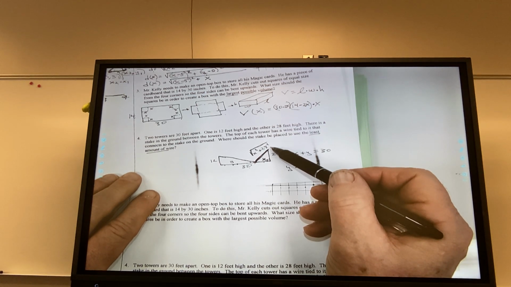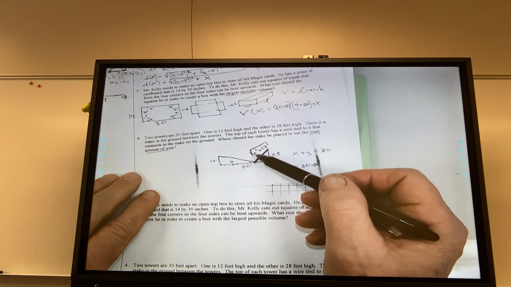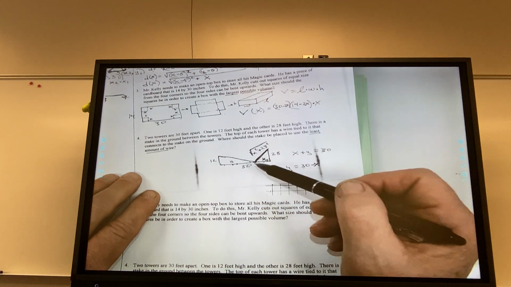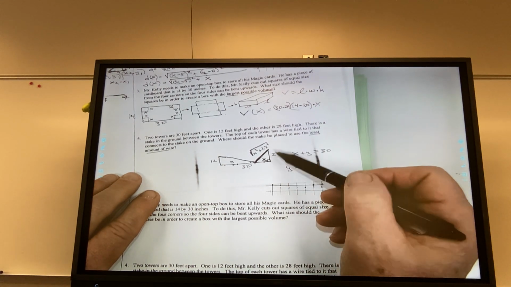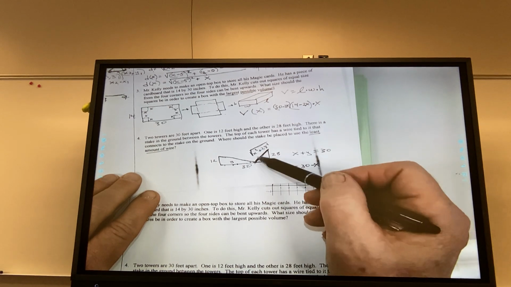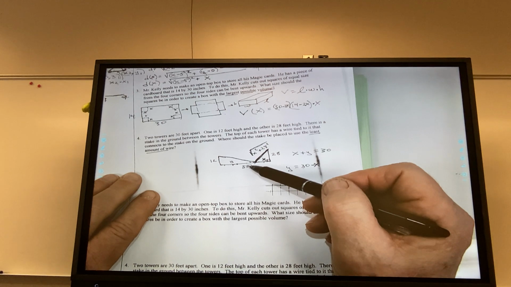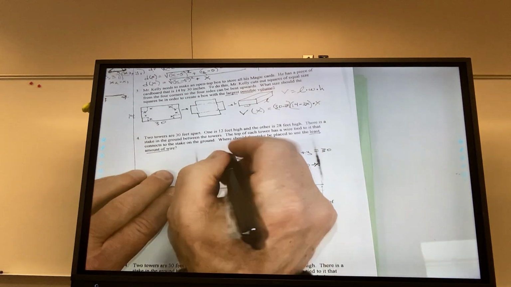The distance formula. What's another name for it? Pythagorean theorem, correct? This side squared plus this side squared gives you the square of that hypotenuse, which is part of that wire. And then what did you say this side was?